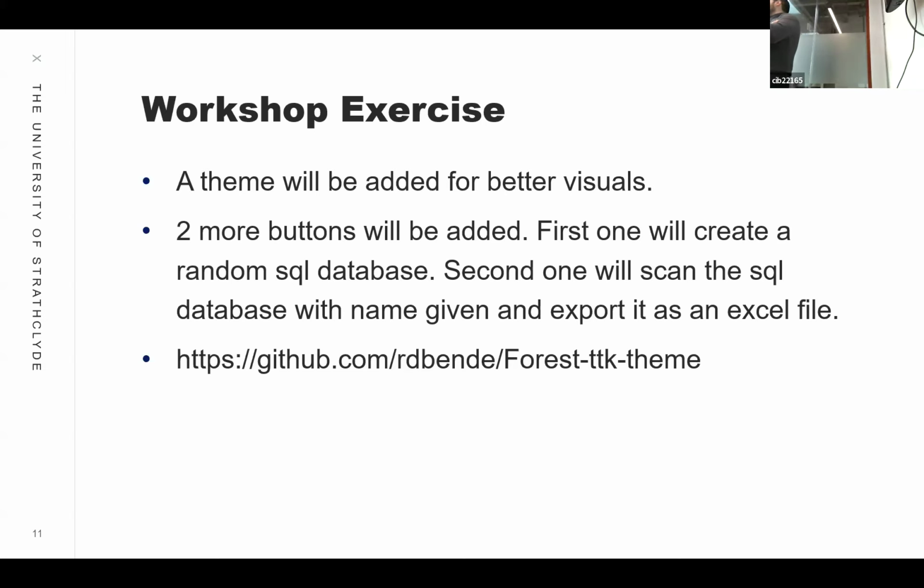The first one will create random generated values. We are going to see how the random library works, how to create random values to do trials. The first button will create a random SQL database as a DB file. And the second one will scan that database, and with the name that we will specify for the file, it will create an export.